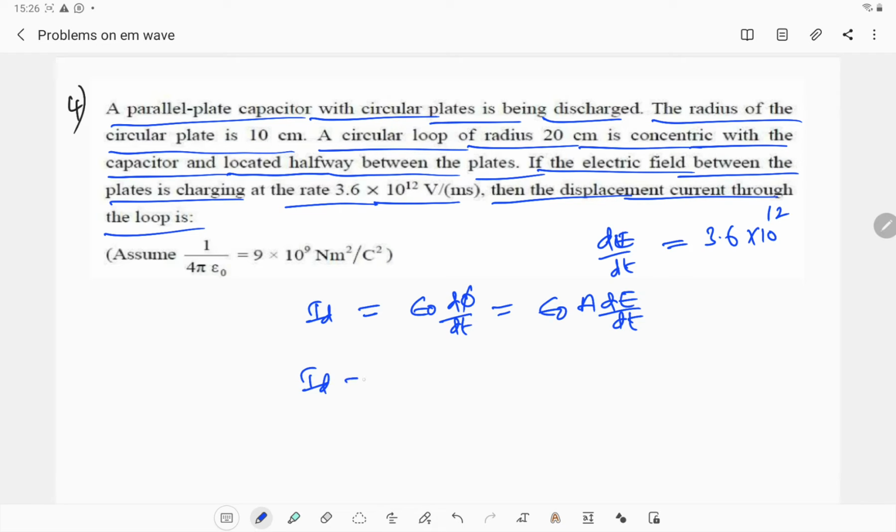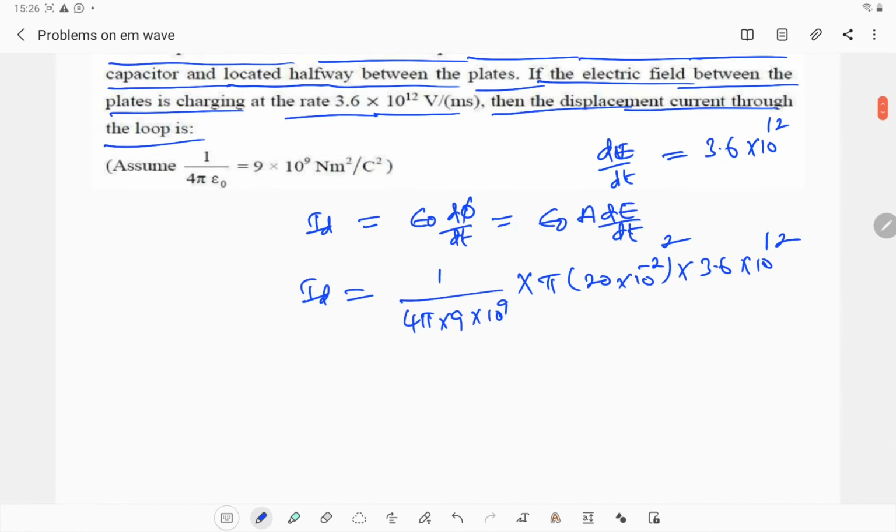This becomes I_D is equal to epsilon naught, which is 1 by 4 pi into 9 into 10 to the power of 9. Here area means circular plates, therefore pi r square. R is given as 20 centimeter, 20 into 10 to the power of minus 2 whole square, into dE by dt, which is given as 3.6 into 10 to the power of 12. So after simplification, the final answer is 1 ampere.